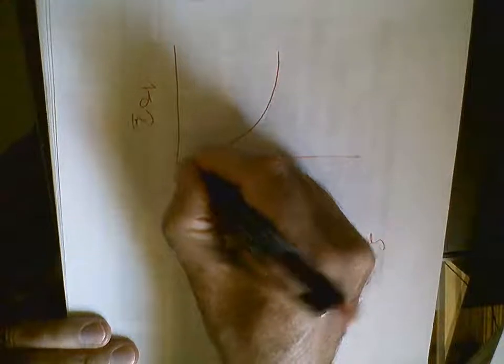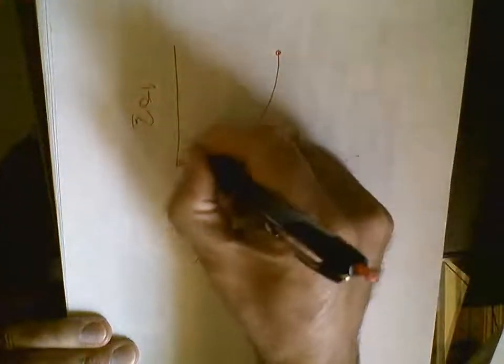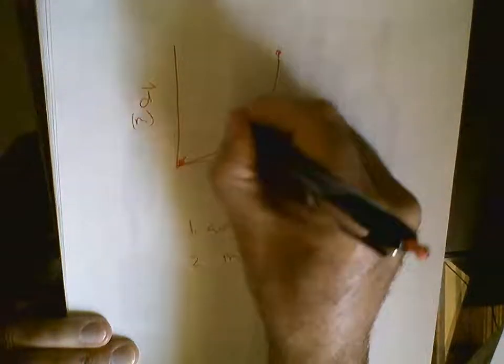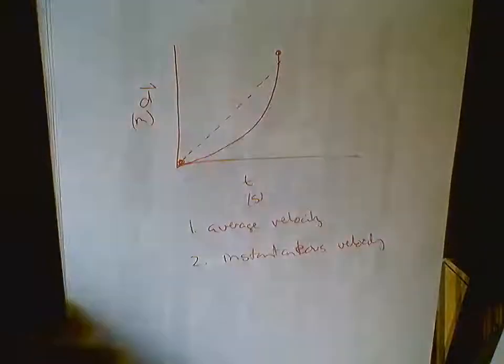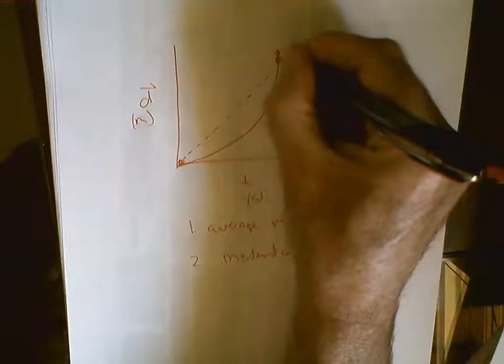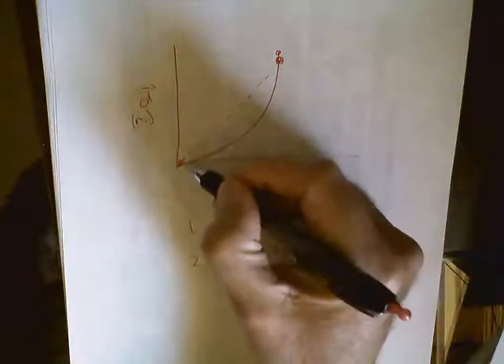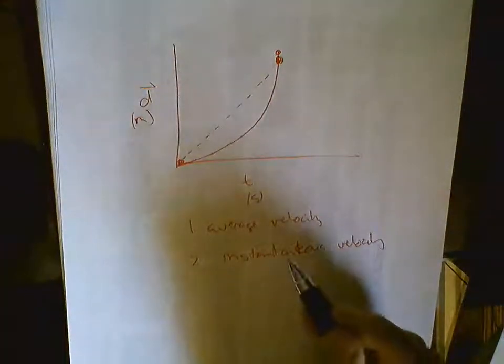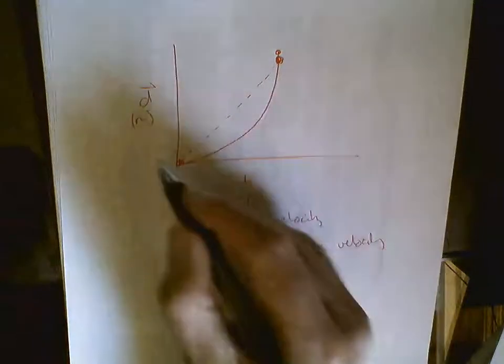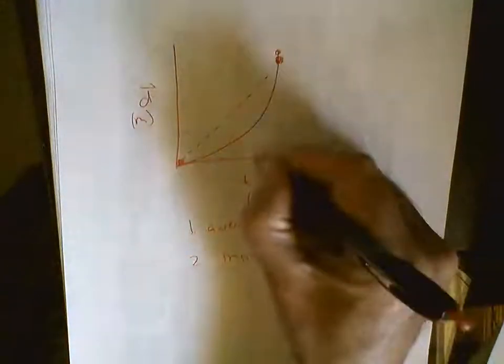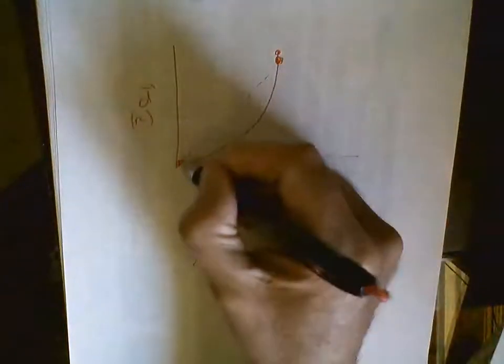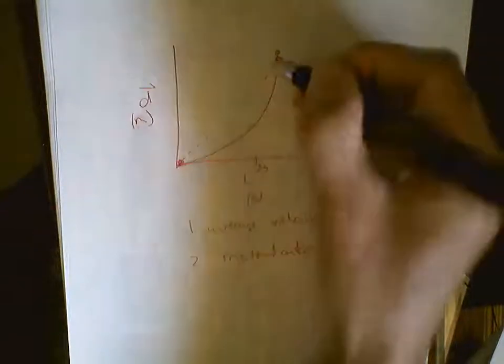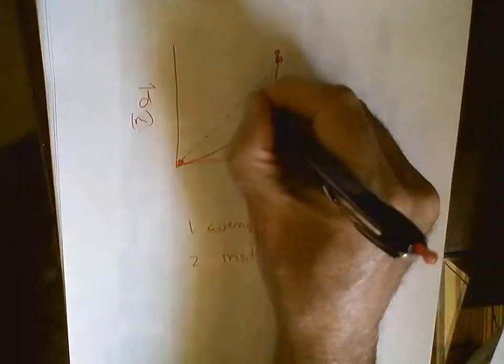So if we said, what's the average velocity from 0 till the end of the graph, you draw a straight line connecting the two. Ooh, that's a horrible line I just drew right there. But if the question says what's the average velocity from 0 seconds to 3 seconds, I would put a dot on the graph at the 0, a dot on the graph at the 3, and I would connect the lines, and then I would take the slope.